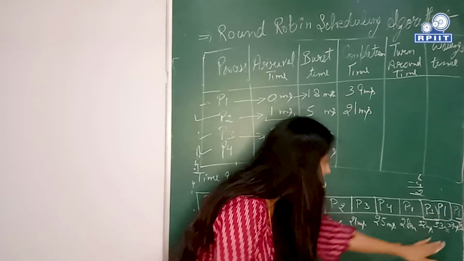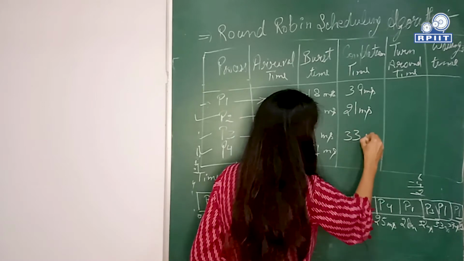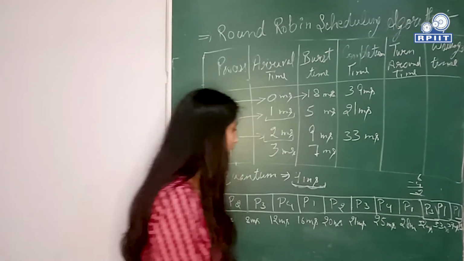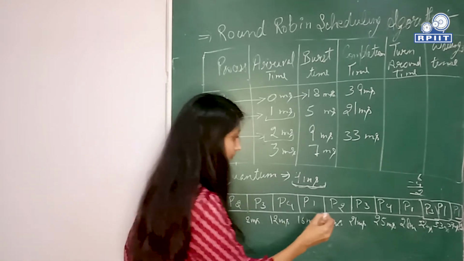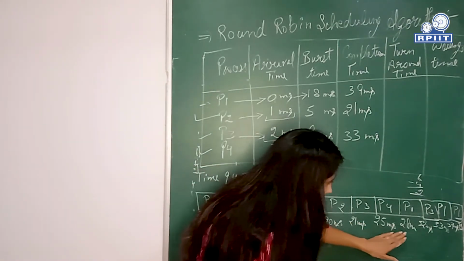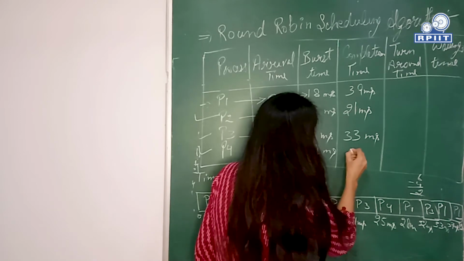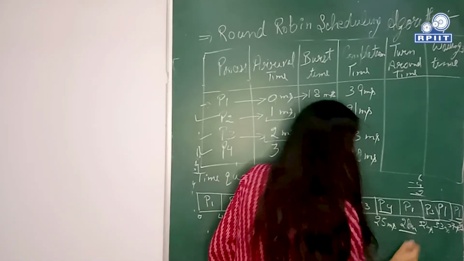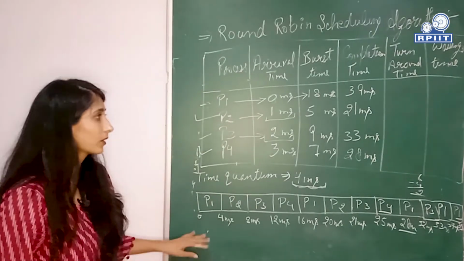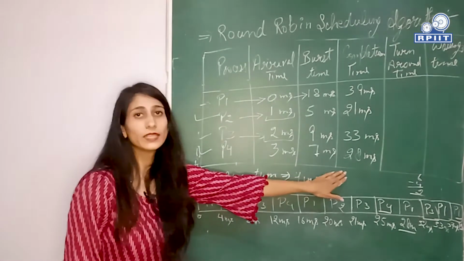P3 is completed at 33 milliseconds. And now we need to check P4. P4 is completed at 28 milliseconds. Here we have the completion time of all the 4 processes.